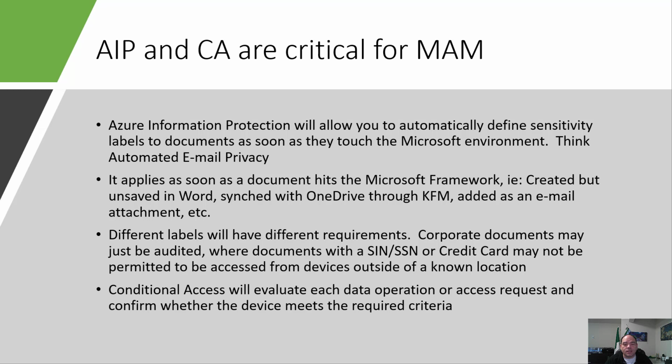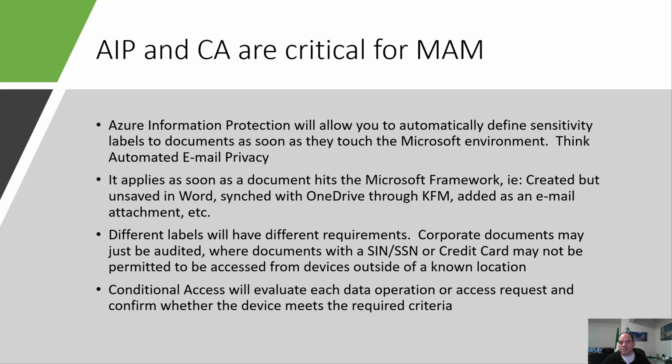AIP and conditional access are absolutely critical for mobile application management. If you don't have AIP and CA turned on and configured, and policies or labels created inside of there, what you're going to get from a MAM enrolled device is merely registration data.